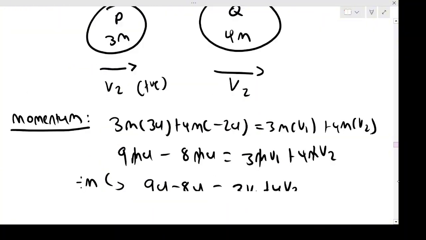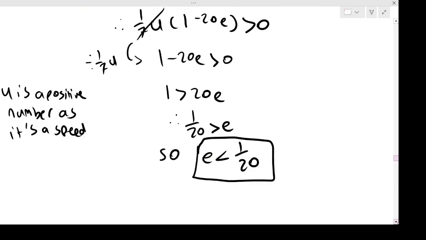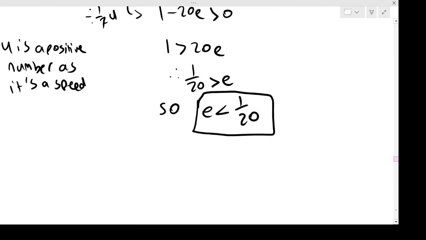However, we can be better than this, can't we? We can tighten this inequality, because not only does it have to be less than 1 over 20, remember, and you should have this at the back of your mind, e is between 0 and 1 always.